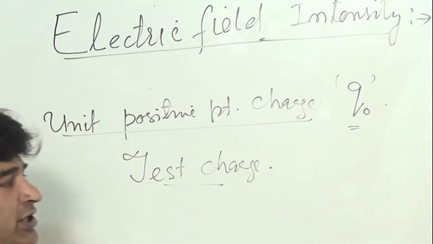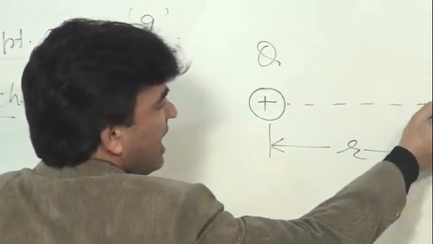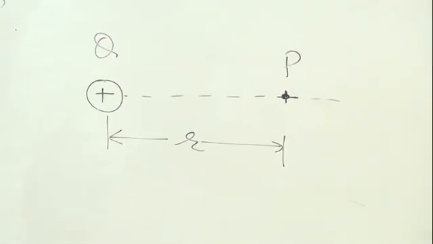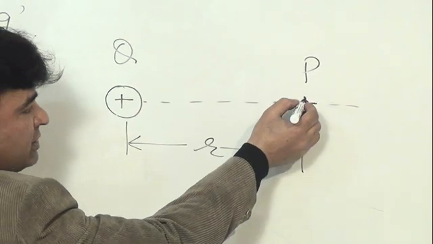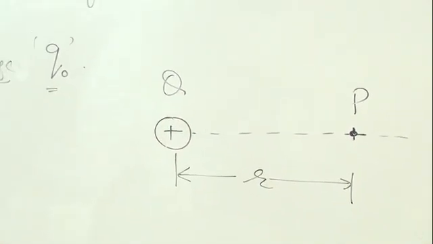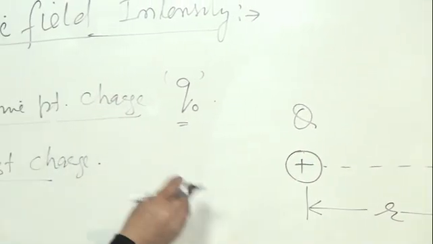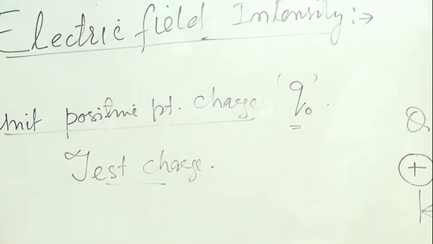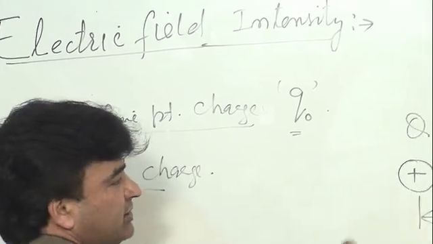Now, in order to know the electric field intensity at point P, it is the force experienced by unit positive point charge when placed at point P due to the source charge.